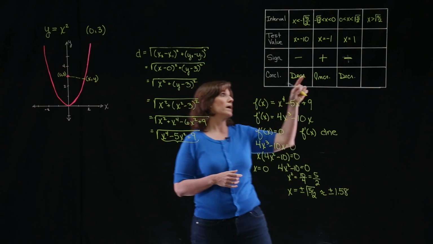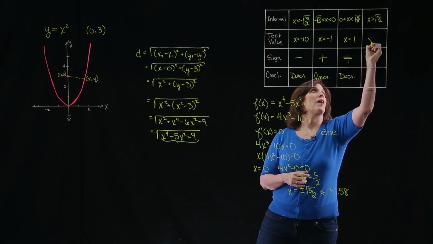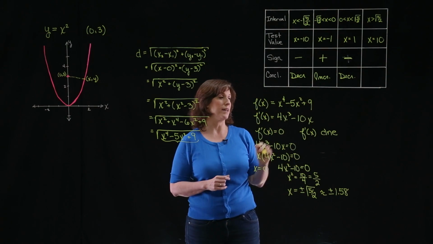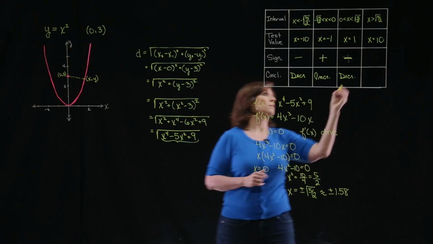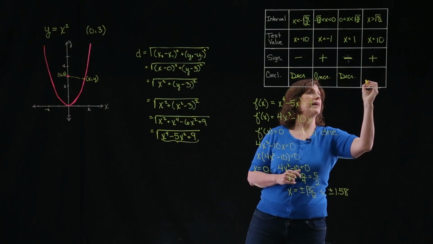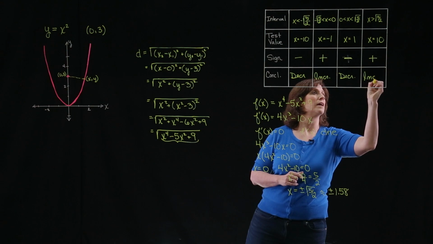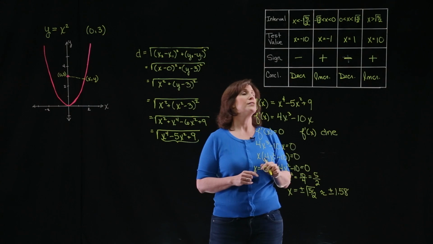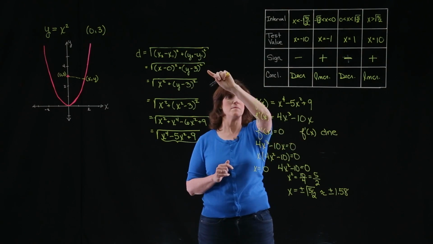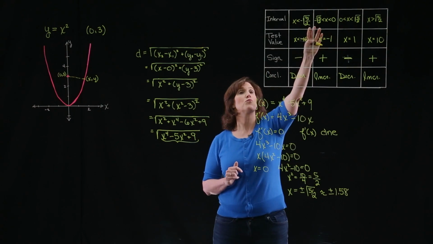Now I need to pick something bigger than the square root of 5/2, so let's try positive 10. If I try positive 10, I'm going to end up with 4,000 minus 100. That's a positive number, and so my function is increasing.